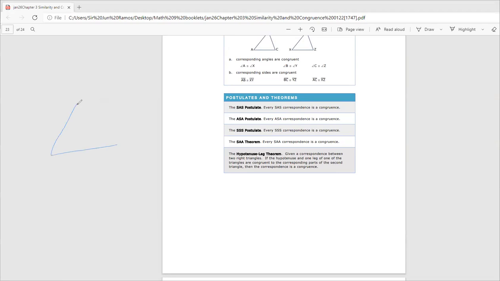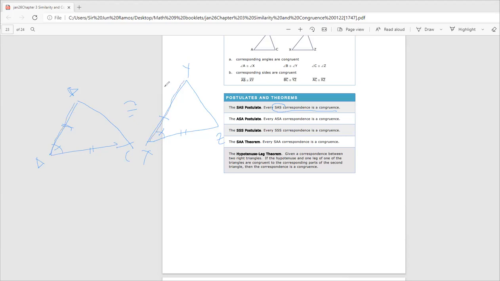Okay, so this is two sides. For example, you have here another triangle. If this is congruent to this, and this is congruent to that, and this angle is congruent to this angle, then we have an SAS correspondence, which is a congruence. Which means, if you want to prove triangle ABC and XYZ to be congruent to each other, then you have to find two sides.